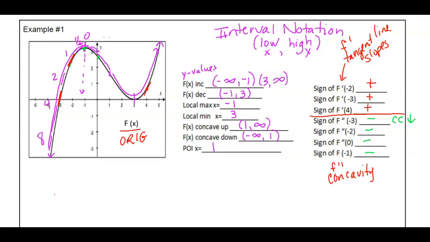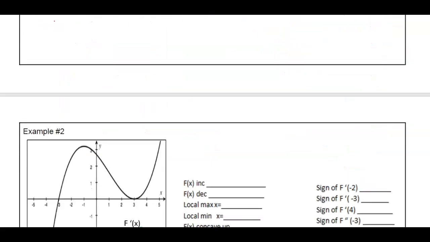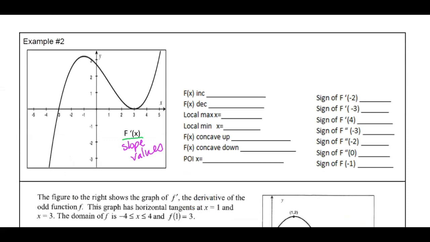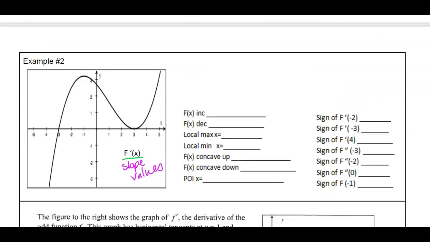If we would plot these actual slope values as our y values on the derivative, this is what they're saying we would get. Not on this curve. I'm just saying of another curve, okay? So these are actually tangent slope values that they use the original curve for. We don't have the original curve, so we can't do that. So just keep that in mind.